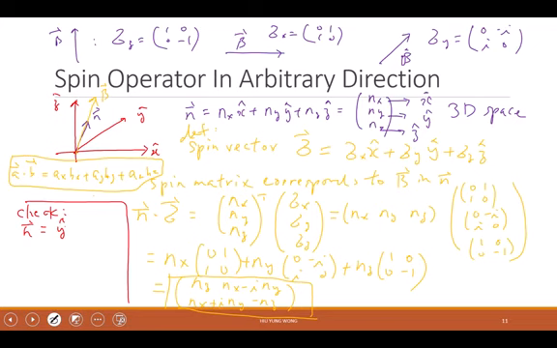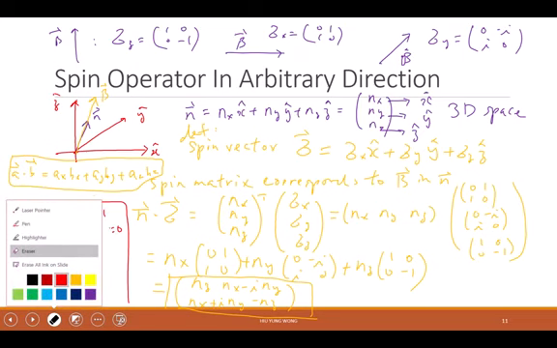Then we have n dot sigma equals to, because it points in the y direction, nx equal to nz equal to 0, right? Because you don't have that component. ny equals to 1. Sorry, this is not clear. Let me rewrite it.